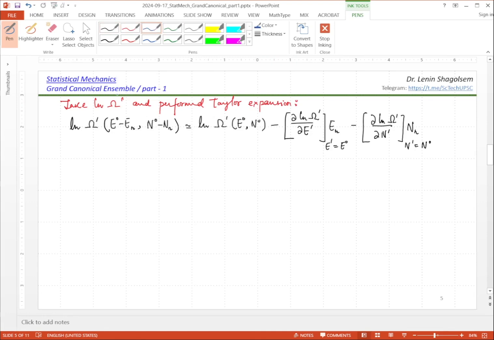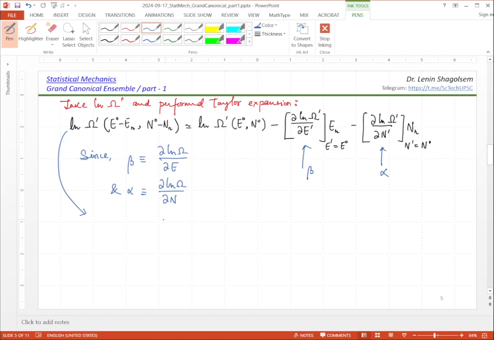Now these terms here, we know that beta is defined as del log omega by del E and alpha is defined as del log omega by del N. So whatever expression we have here, this here is beta and this here is alpha.